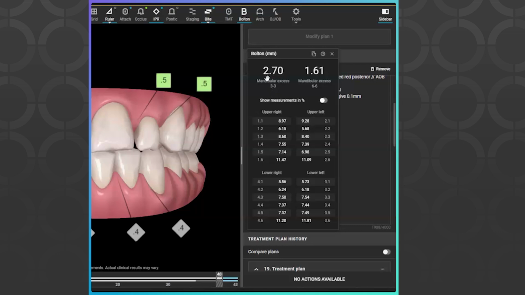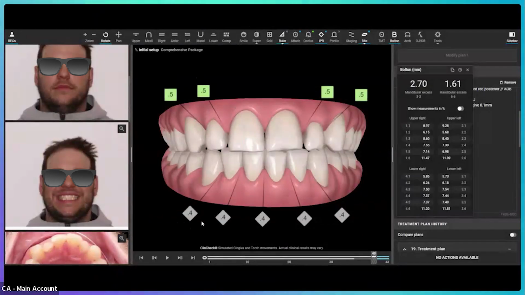So if we have 2.7 millimeters that we'd like to correct just to get us back to baseline, we're adding 1 millimeter on one upper lateral, 1 millimeter on the other upper lateral. That means that instead of 2.7, now we have a 0.7 excess on the lower arch. Now we go ahead and we plan in some IPR on the lower arch of 0.4. We got 0.4, 0.8, 1.2, 1.6, 2.0.